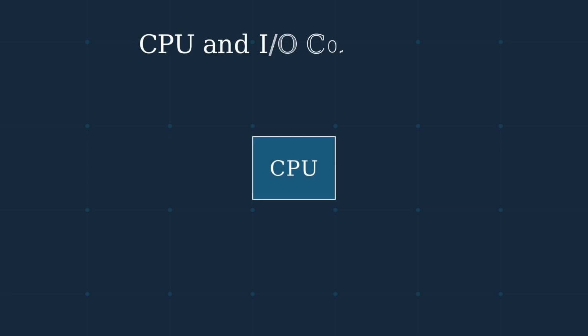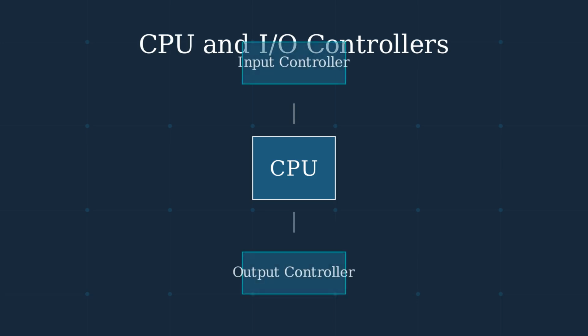The CPU coordinates all input and output operations through specialized hardware called I/O controllers. These controllers act as intermediaries between the CPU and various input and output devices. Input controllers manage devices like keyboards and mice, handling the conversion of external signals into data the CPU can process.